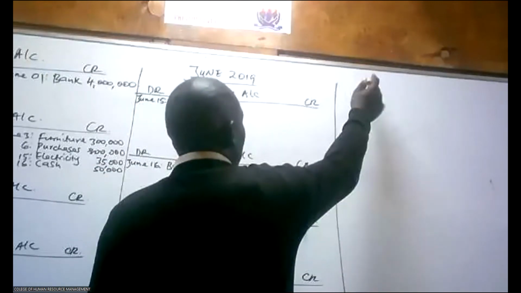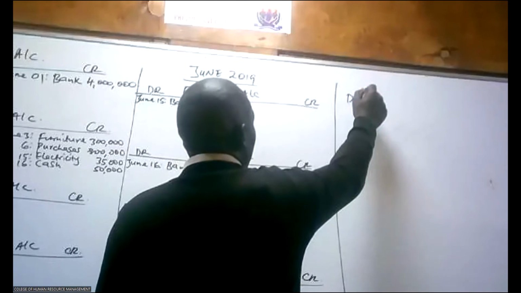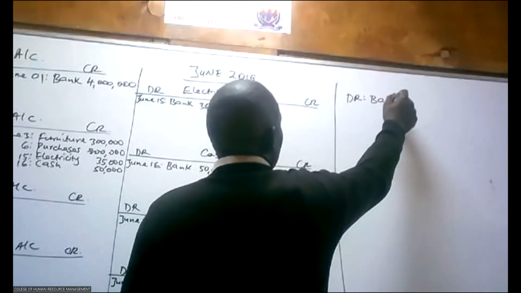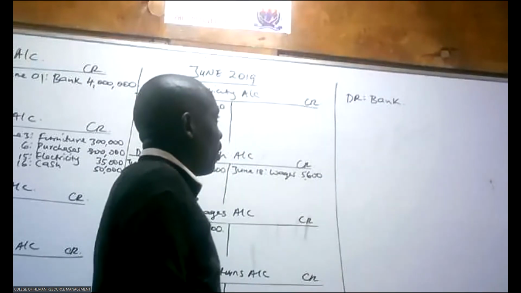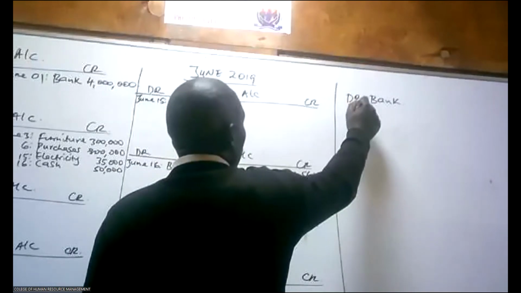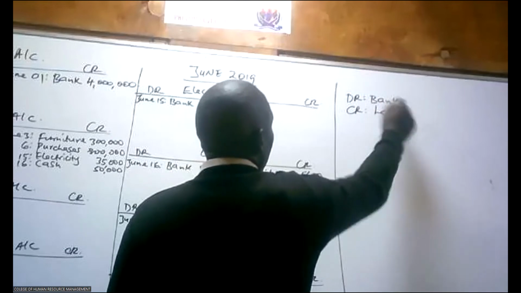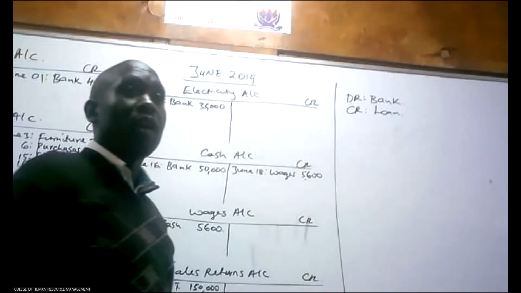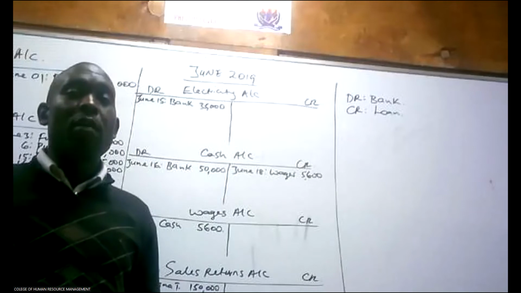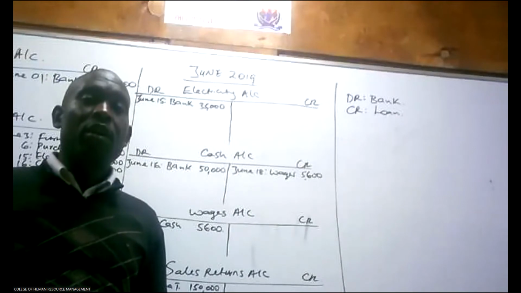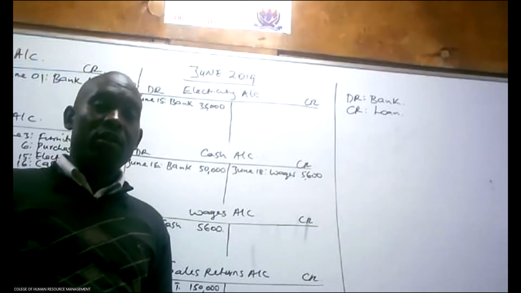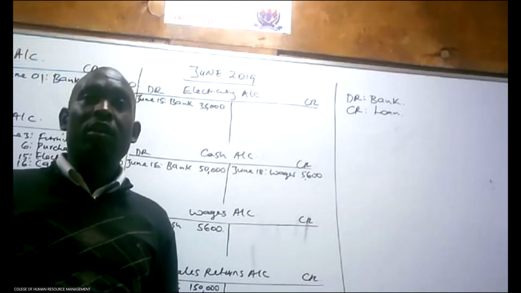Obviously, if it was borrowed and you receive a check, you will have to debit them. Then you credit the loan. The loan is a liability. You credit the loan.